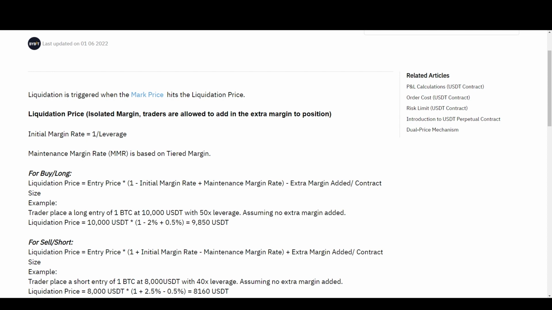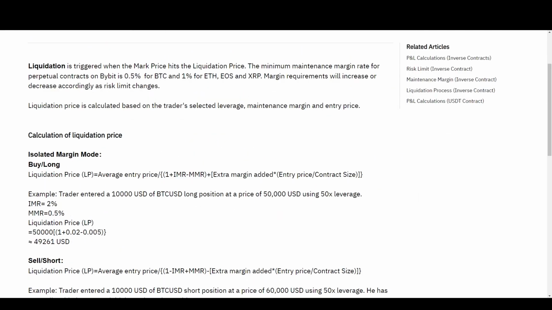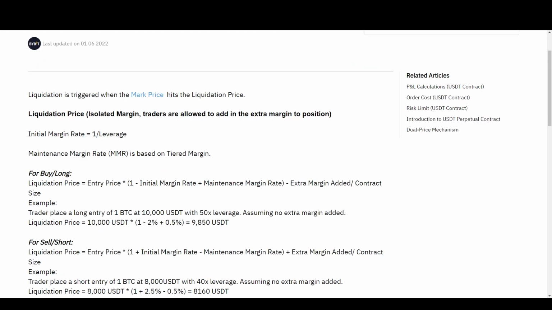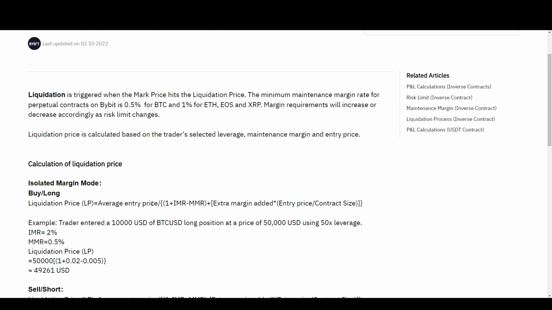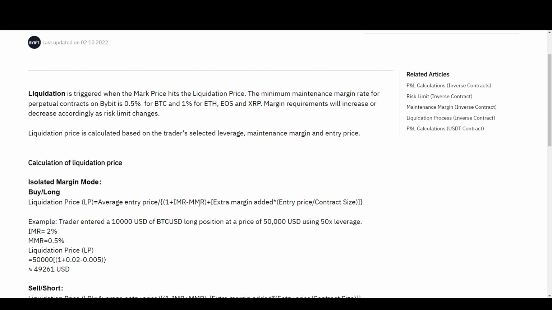Here we also have two different ways of calculating liquidation price. Here we have entry price times 1 minus the initial margin rate plus maintenance margin rate. Here, it's average entry price divided by 1 plus initial margin rate minus 1.